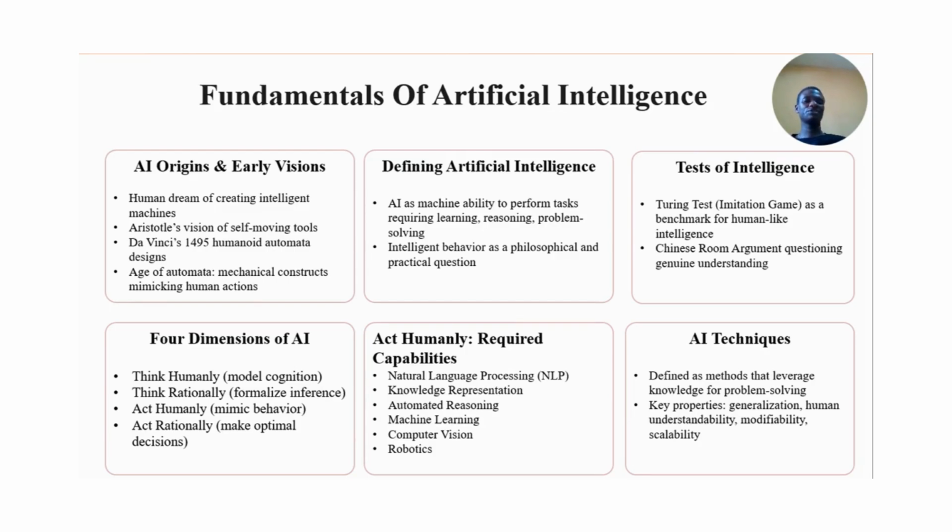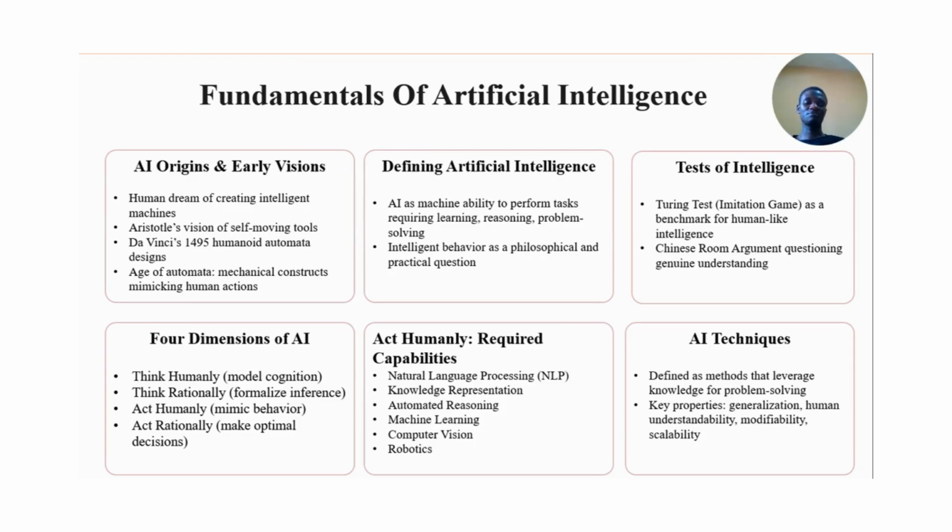So we shall look at, from the beginning, artificial intelligence and how it has evolved over time. We shall also be able to define artificial intelligence. When we define it, we shall be able to see how we can test its presence using tests like the imitation game, arguments like the Chinese room argument, and see even the contrast between the two, how they understand intelligence.